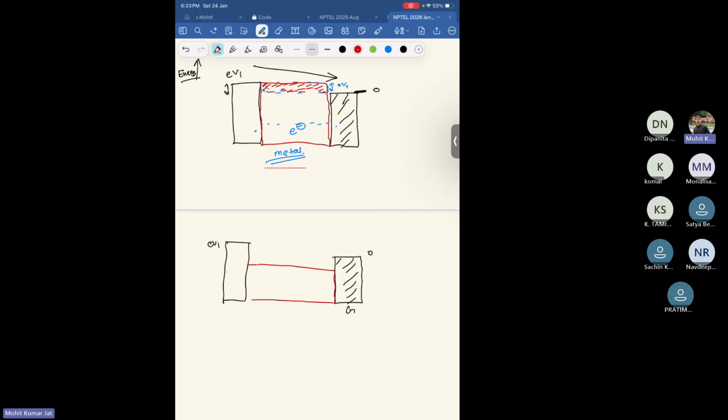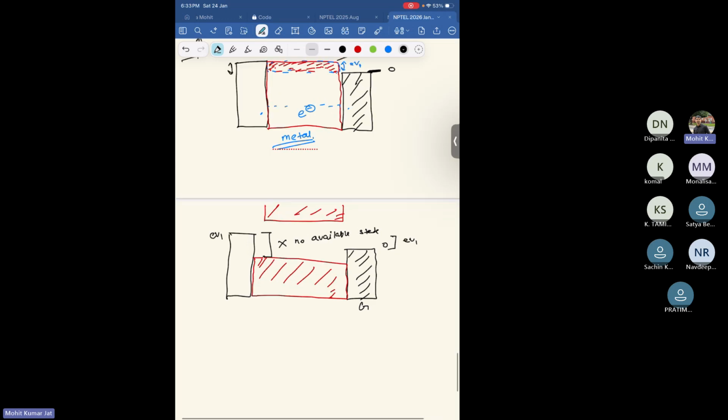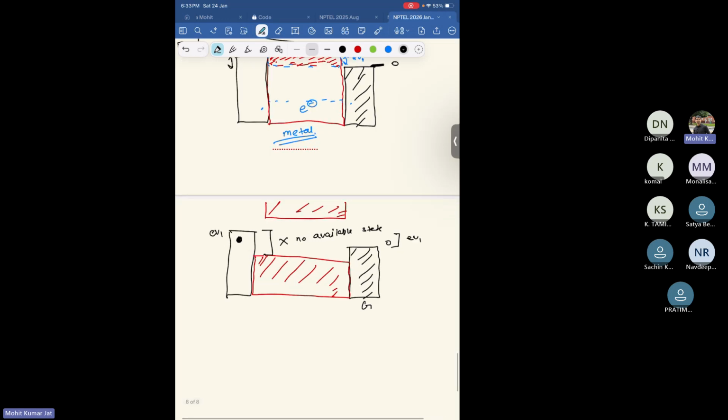So your electronic states go only till this point, and the next available states are above. In this region there are no available states within this EV1 region. There is nothing which can carry the current from this probe to the probe on the right, left to right. There is no current.